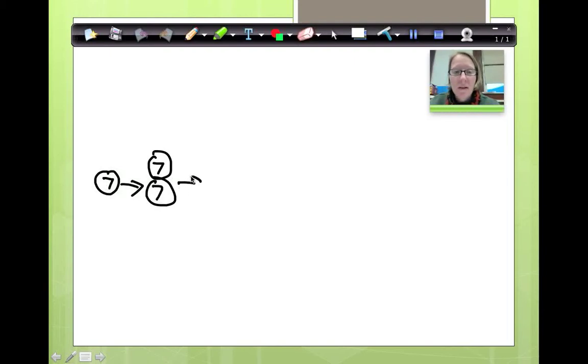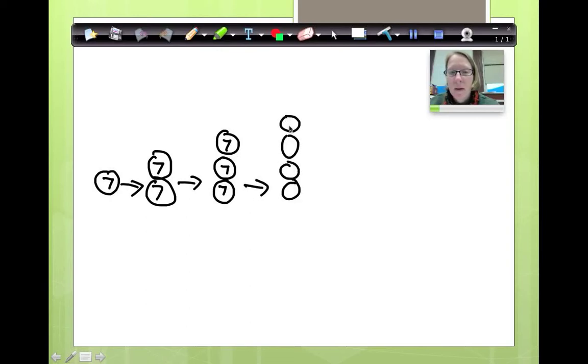This is 2 7s. This would be 3 7s. This is 4 7s. This is 1, 2, 3, 4, 5 7s.